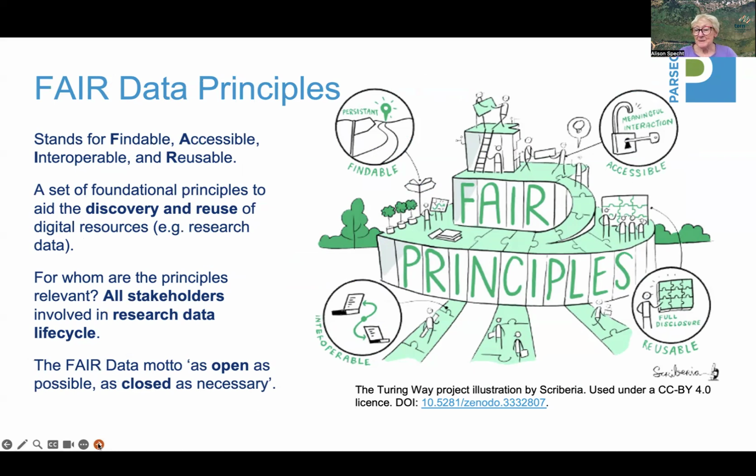What would make it useful, valuable, and secure for other people to find? And Wilkinson et al. back in 2016, I think we'll have the link to that later, have written a paper which encapsulates lots of those ideas into 4 basic principles: findable, accessible, interoperable, and reusable.